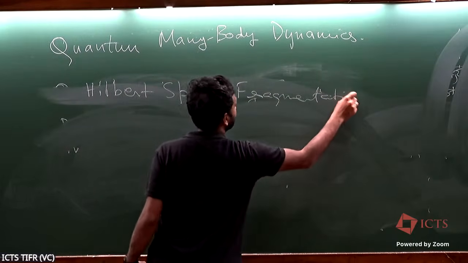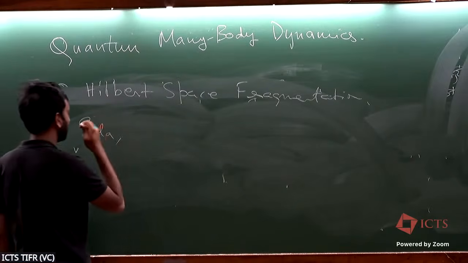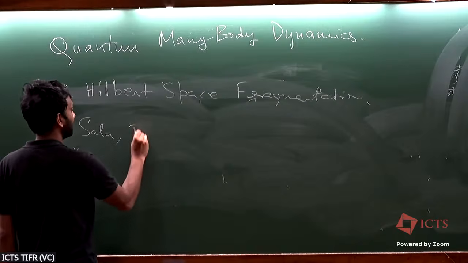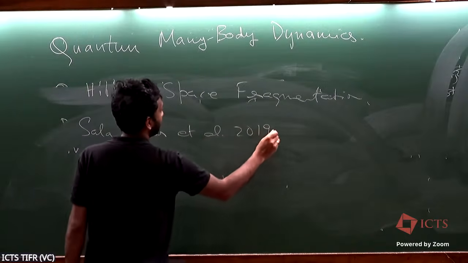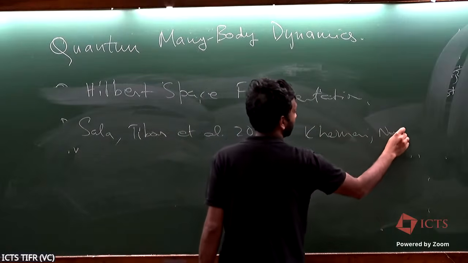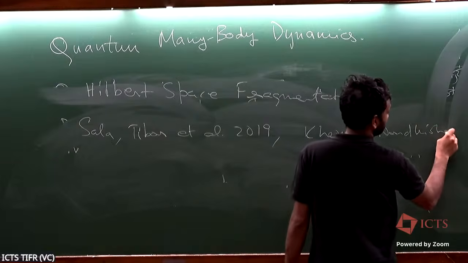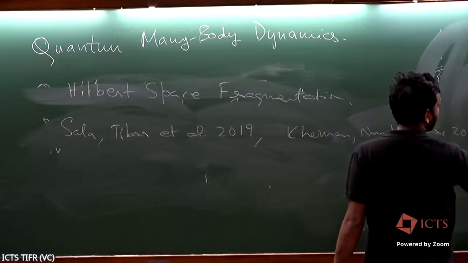This really appeared in 2019 by Pablo Sala and Tibor, who is in the audience, et al., and also by Vedika Khemani, Nand Kishore in 2019. So this is in the quantum context.